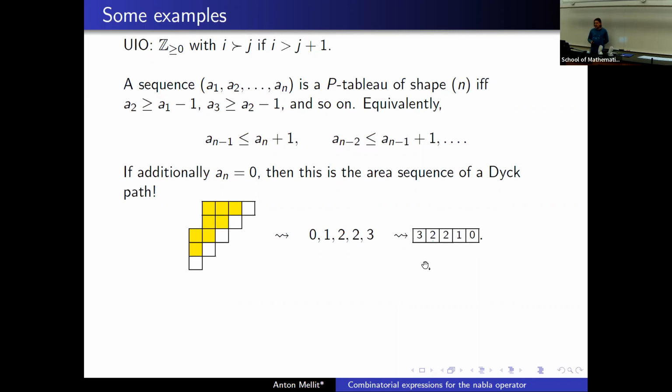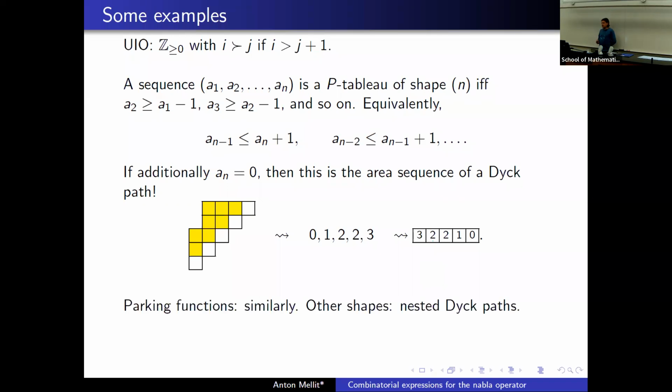There is another trick which you can use. Instead of putting numbers backwards, you can take the negatives of the numbers. But not so important, I guess. So this is really nice, no? It turns out you can equivalently describe the set of all parking functions as a set of p-tableaux satisfying some conditions.